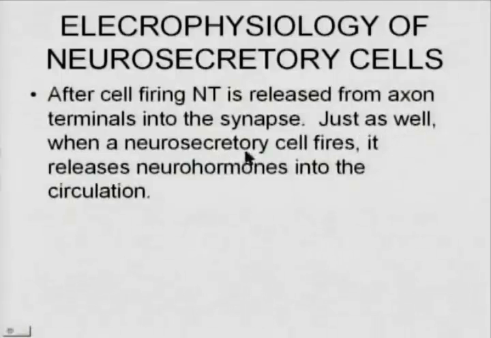Just as well, when a neurosecretory cell fires, it increases the release of neurohormones into the circulation by exocytotic release. So we're not saying much at this time, but we will have a few examples as we proceed on this. This statement here, of course, is a rephrasing, if you will, of the neuroendocrine transducer mechanism, neurotransmitters driving neurosecretion of neurohormones.